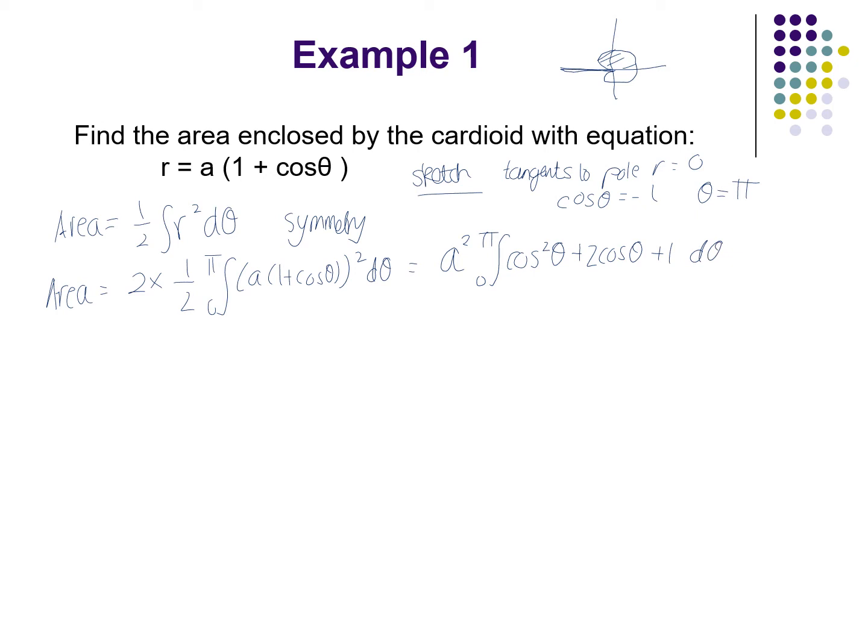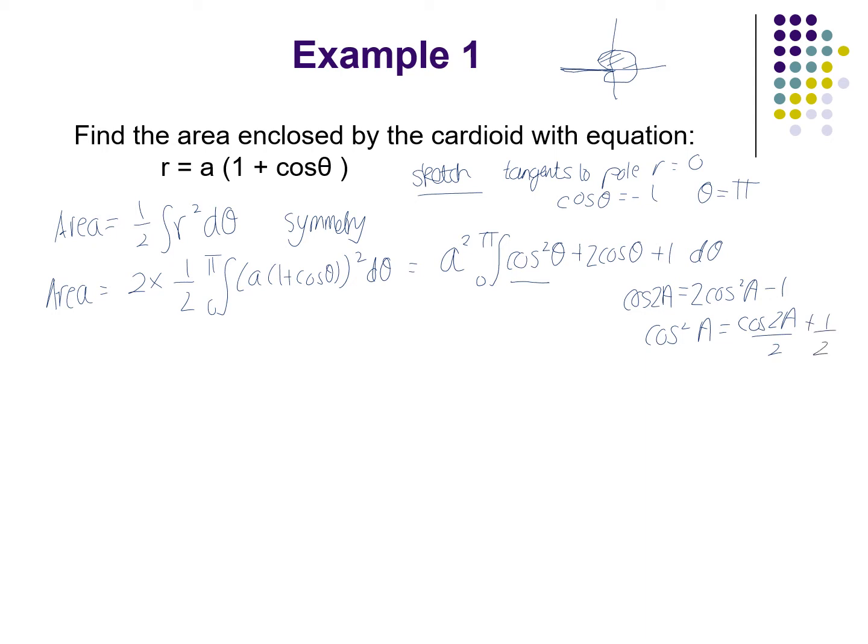So this is where I need to use my double angle formula. What I always do is write it out. So cos 2a equals, I'm integrating cos squared, so I need the 2 cos squared a minus 1. I'm going to rearrange it to say cos squared a equals cos 2a over 2 plus 1 over 2.